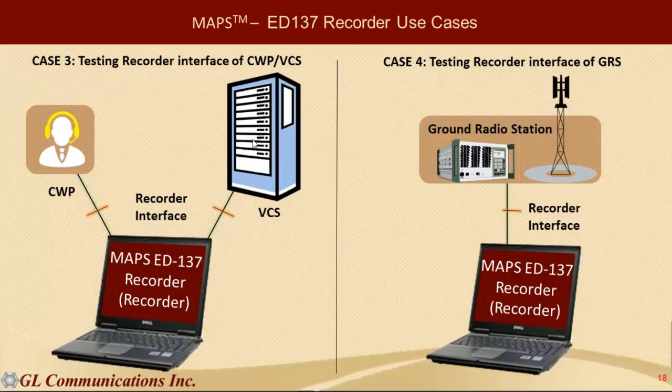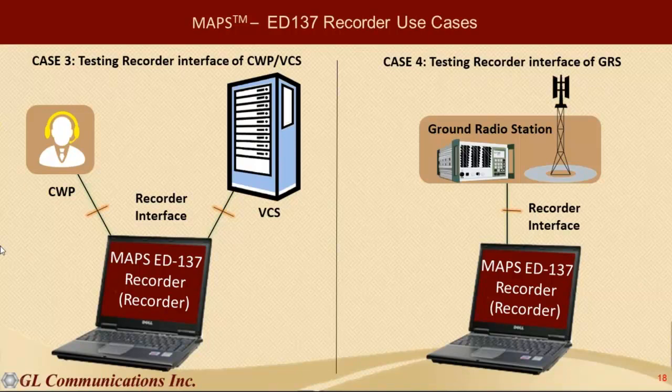In the next slide, it could be a controller working position or a VCS vendor, and each of these entities will also have a recorder interface. They may want to test it against the recorder by making RTSP sessions to the recorder whenever there is an air-to-ground or ground-to-ground call.